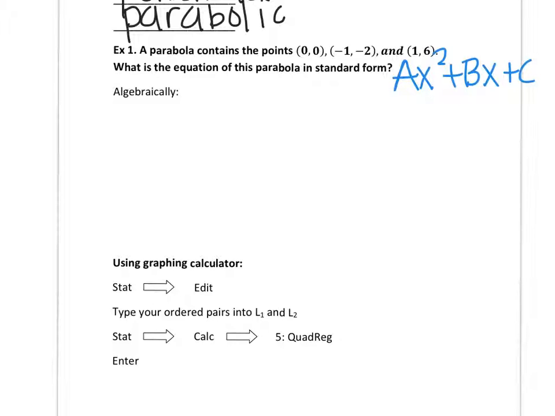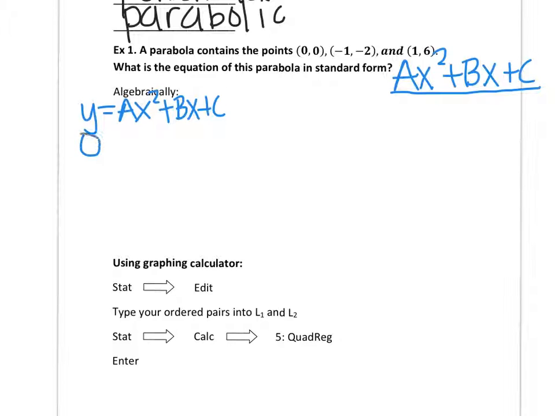Okay, so what you would do using algebra is you would take this standard form, and we're gonna do that for every single point, and we're gonna sub in for x and y every single point. So y equals ax squared plus bx plus c. Now, what I'm going to do is I'm going to take (0, 0), and I'm going to put it in for my x and my y values.